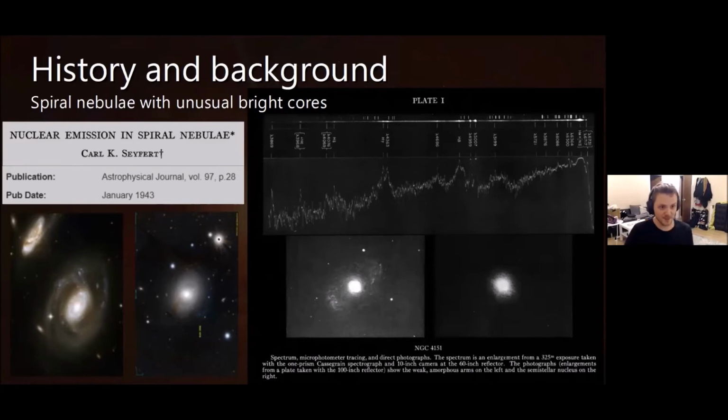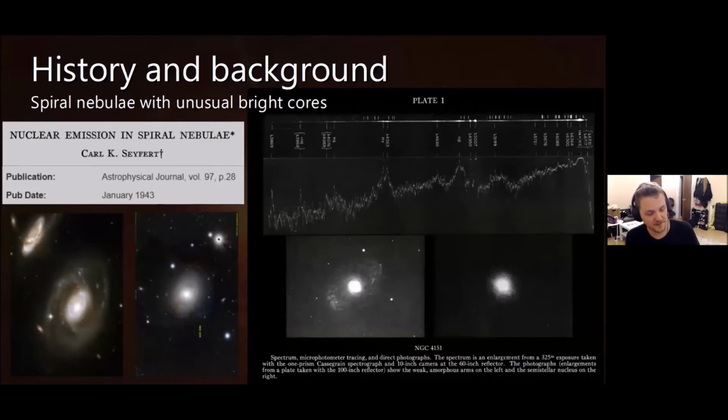But this particular paper is quite interesting because Carl Seyfert noticed that some of these spiral galaxies seem to have some very strange emission lines. There is an actual spectrum from this article on the right, and what he noted in particular is that the width of these emission lines is very broad.